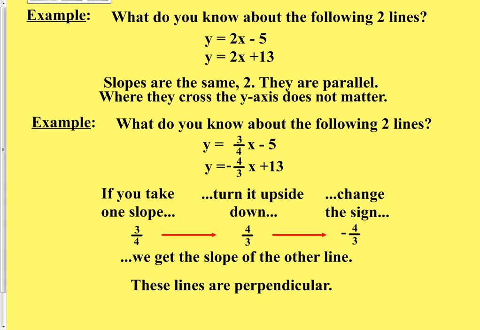If that's the case, then these lines are perpendicular to each other. Once again, where they cross the y-axis is not important. As a matter of fact, perpendicular lines very, very rarely are going to cross the y-axis at the same point, so it's expected that they are going to cross at different y-intercepts.